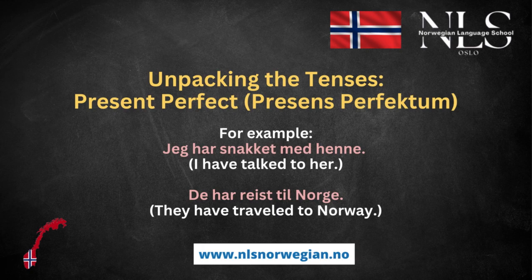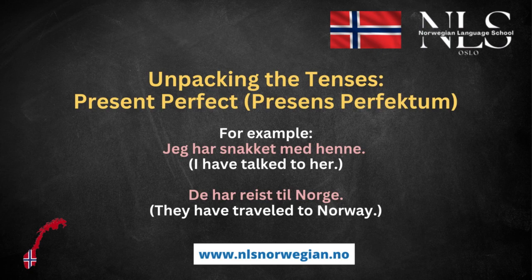Present perfect. Presens Perfektum. The present perfect in Norwegian provides a bridge between the past and the present. It often expresses actions or events that began in the past but have relevance or connection to the present moment. Formation.